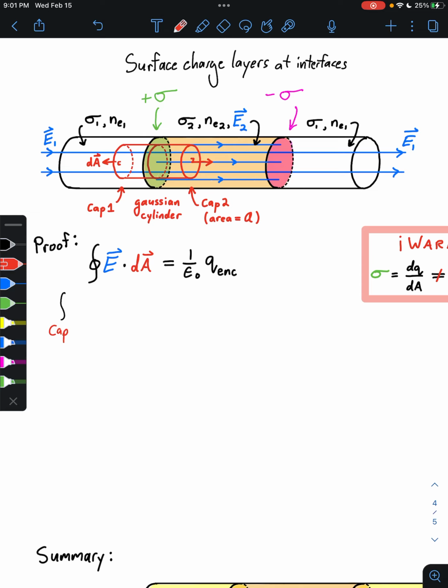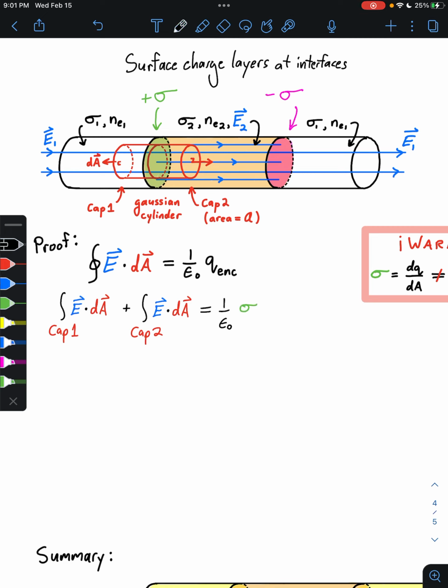So an open surface integral through cap 1 of E dot dA, and then plus the same thing through cap 2. And that'll have to be equal to the charge enclosed, if any, on this transitional layer where I'm claiming there is a surface charge density plus sigma.